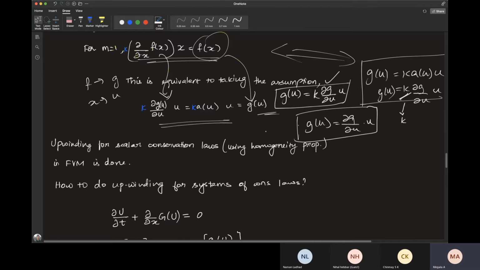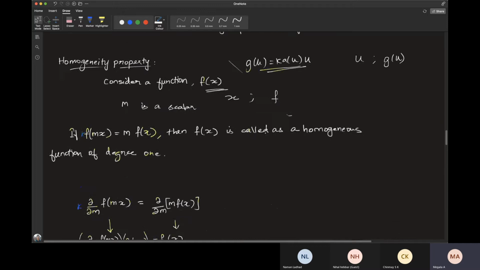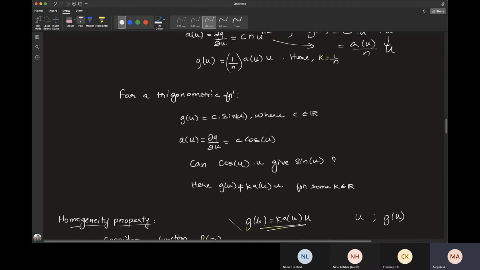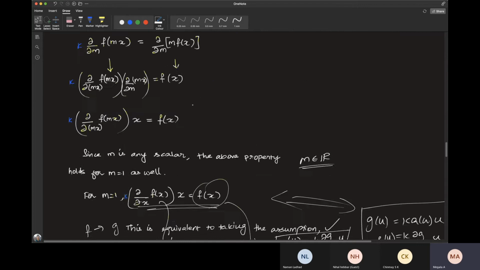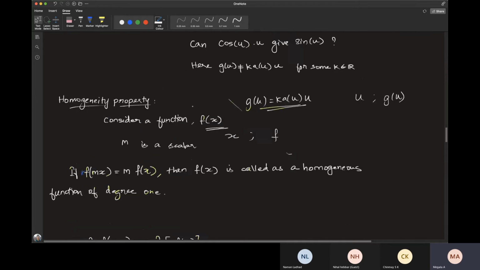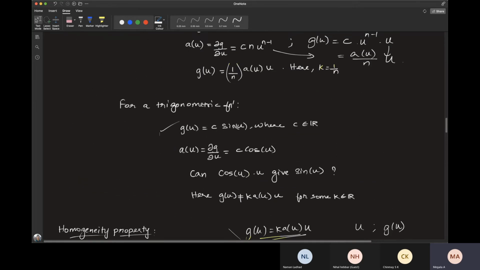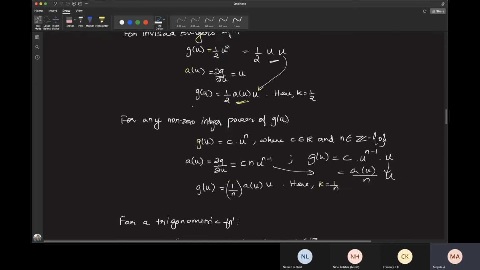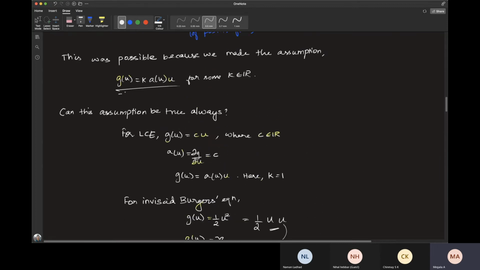We'll have to work more. I don't know if some research has been done on doing upwinding for other kinds of functions. So as of now, let us just consider only the functions for which this property holds.